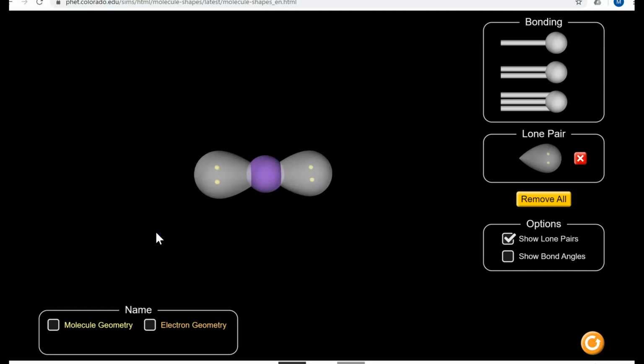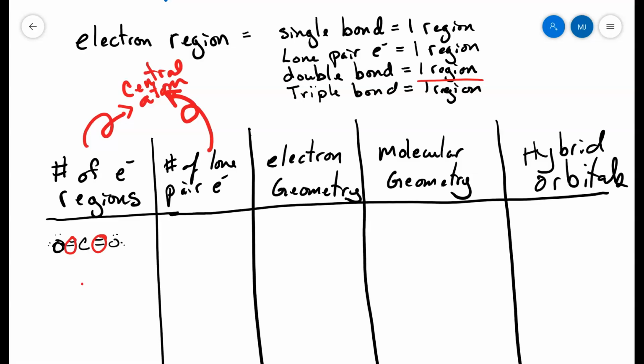I encourage you, I'm going to keep popping back and forth to this website to build molecules. Now, the two electron regions want to be as far apart from each other as they can. That's the whole valence shell electron pair repulsion theory. So these two regions got as far away from each other as they can. They're 180 degrees from one another.